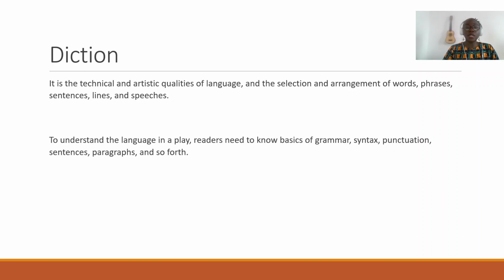When we say technical, we are talking about the grammatical quality of the language. That is grammar, syntax, punctuation. That is the technical aspect of it. And then there's the artistic aspect of it, where dialogue or words are arranged in a way that makes the language beautiful and pleasing to the ears. And so diction is the selection and arrangement of words, phrases, sentences, lines, and speeches.